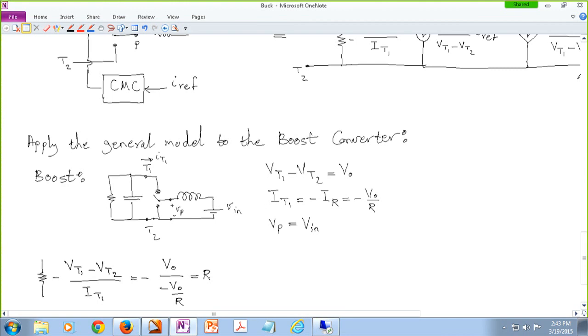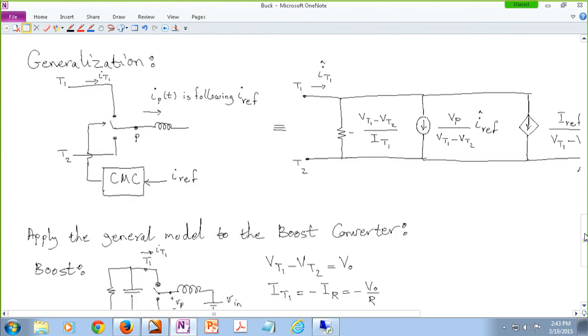Okay, then I have a current source up here, this guy over here, which is proportional with IREF. Let's take a look.